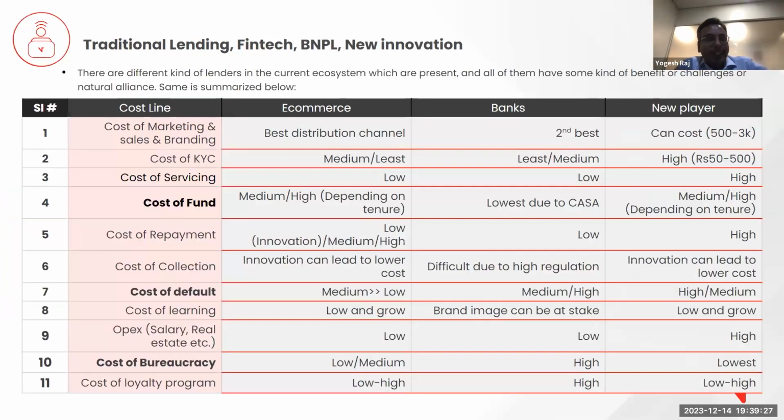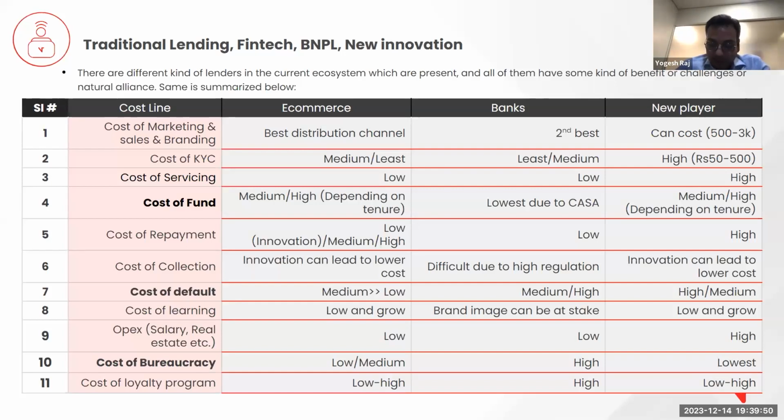So this slide is a little bit more detailed, but it is very important, because we wanted to cover in this session how different companies are coexisting, what the benefits of different companies are, and why they have a natural alliance as well.